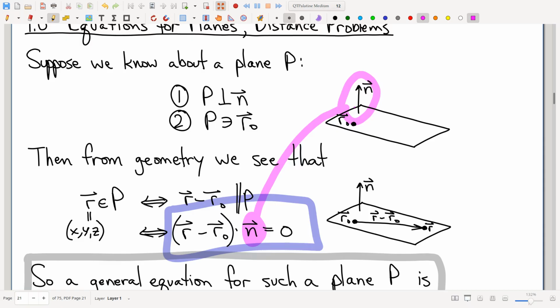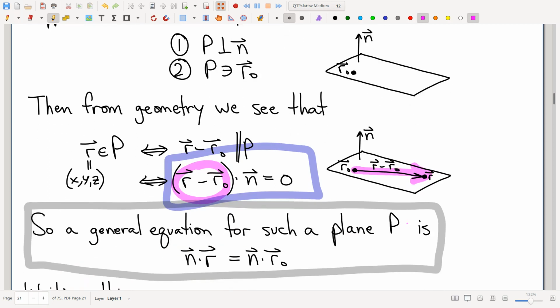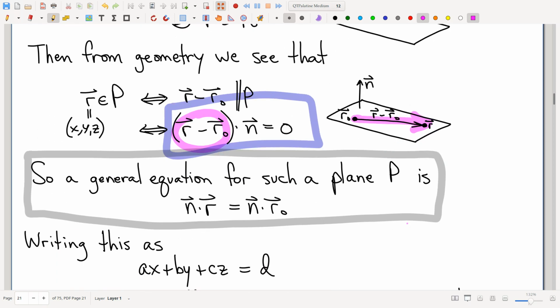Okay. All right. Well, let's think about the other one. What about r minus r naught? Could that be the zero vector? There's r minus r naught. Yeah. I mean, if r was r naught, then this would be the zero vector. So we've got to worry. Now, oh gosh, did we get the right answer?